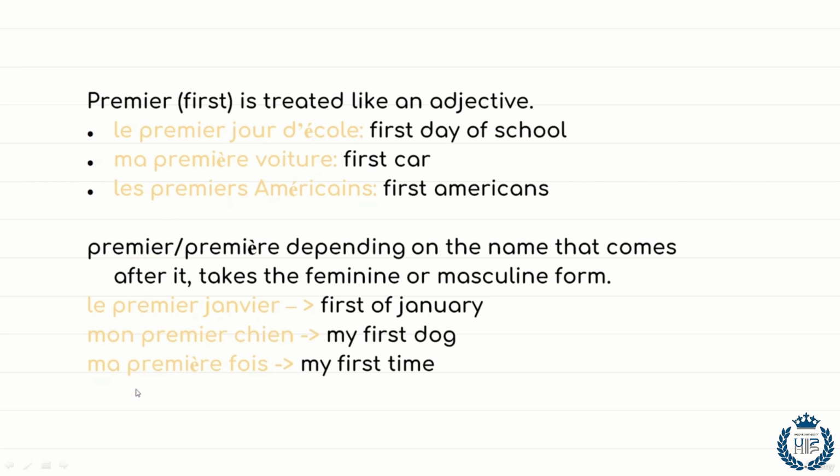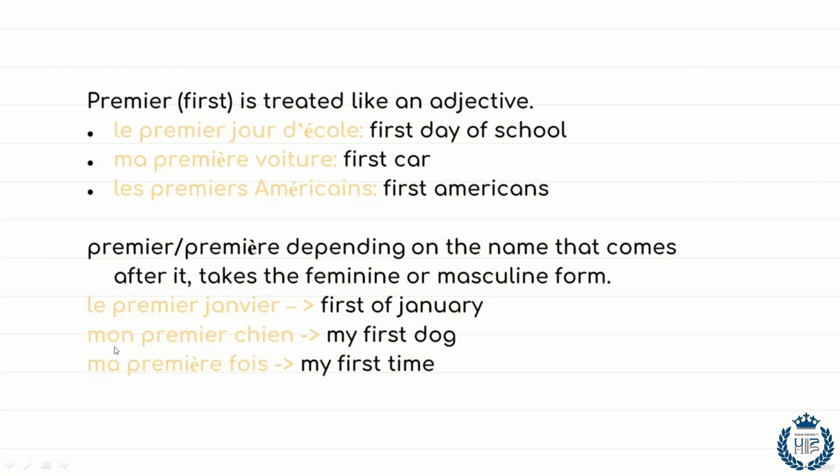Let's see this clearly. Premier, with an O or U, depending on the noun that comes after it, takes the feminine or masculine form. So when we say le premier janvier, 1st of January, it is a masculine noun, so that's why it takes the masculine form.